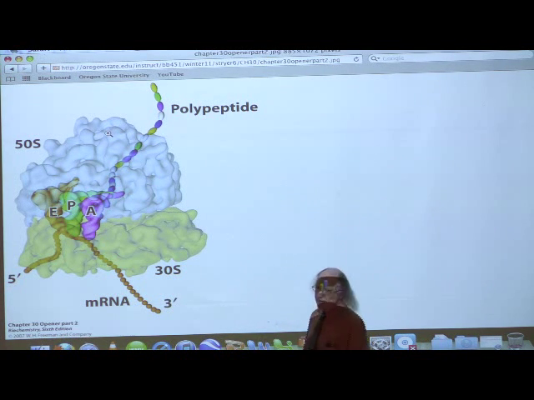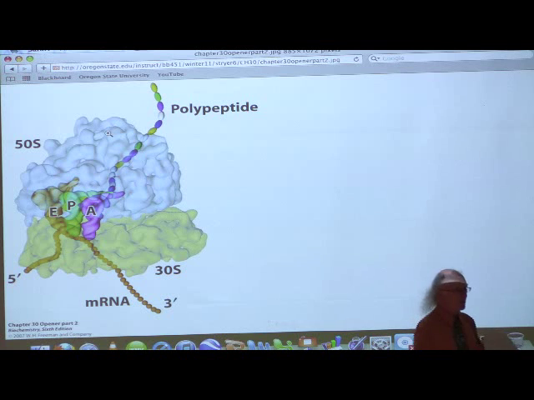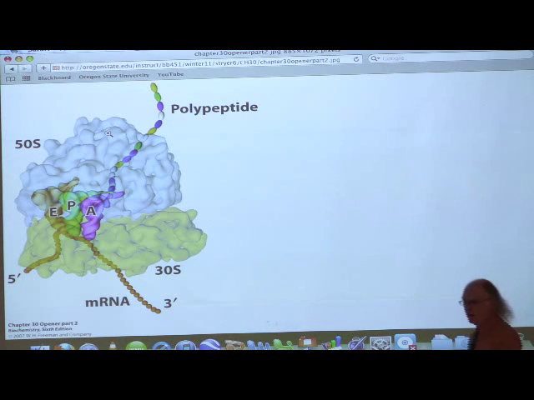There are three sites inside of this complex called E, P, and A, that we'll say more about later. Okay? And what you see coming off of here is the amino acid polypeptide chain that's being made in that translation process.